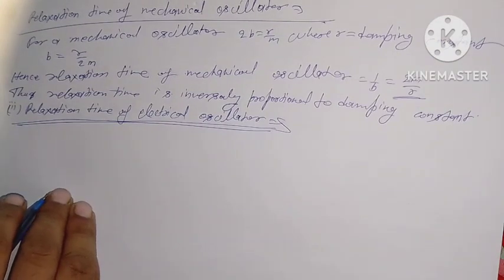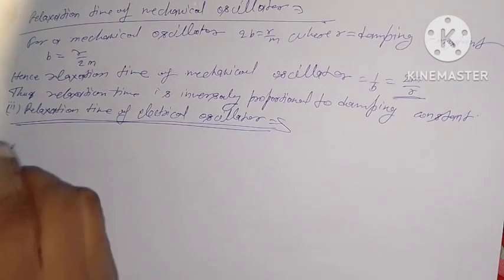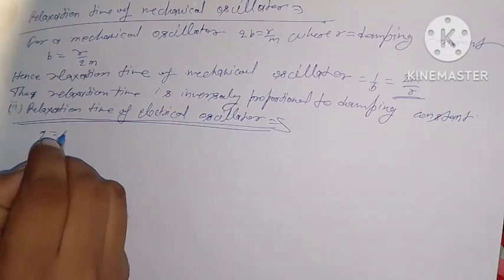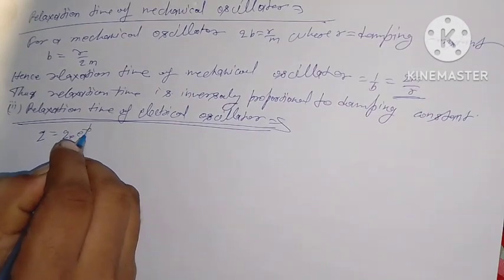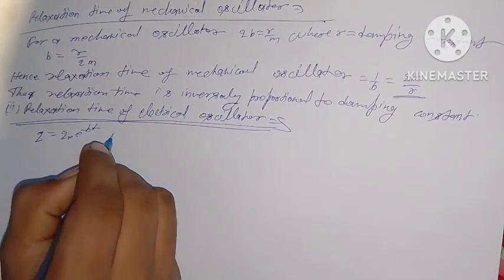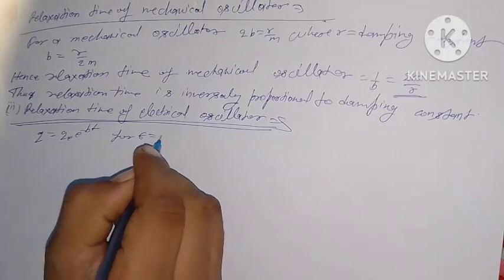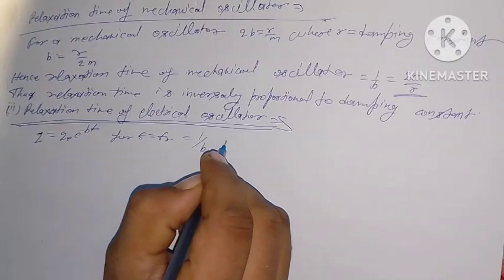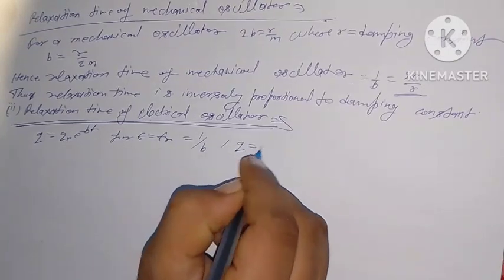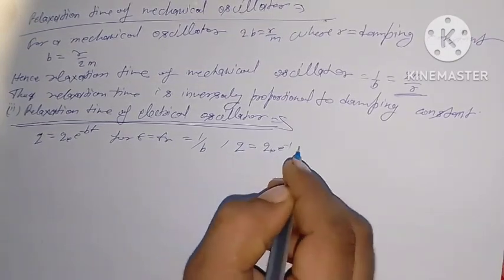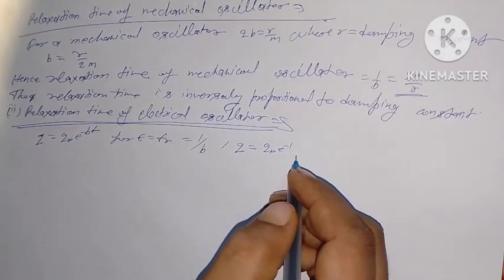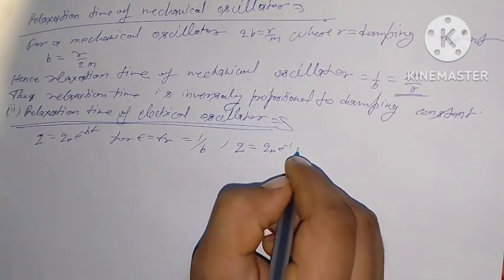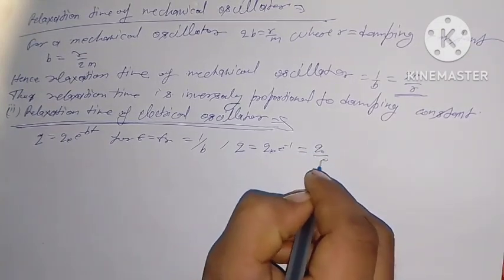Q equal to Q naught e to the power minus bt. For t equal to relaxation time tr, which is 1 by b, Q equals Q naught e to the power minus 1, that is Q naught by e.